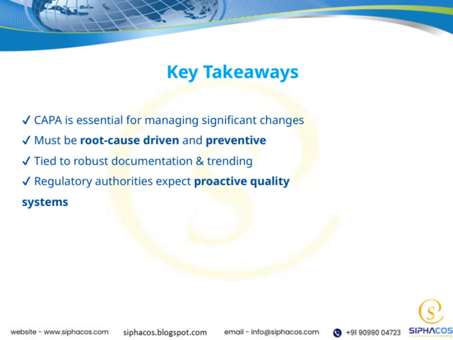They want to see that we're not just reacting to problems, but actively working to prevent them through a well-designed, proactive quality system. All these points really connect to our overall goal of ensuring product quality and compliance. By focusing on these areas, we strengthen our processes and build trust with regulators and customers alike.